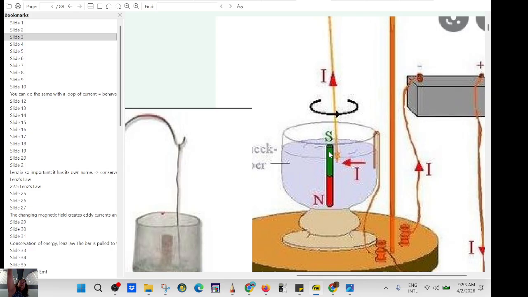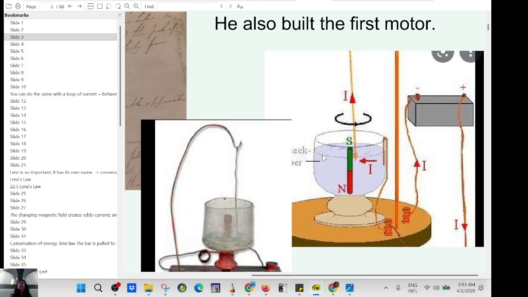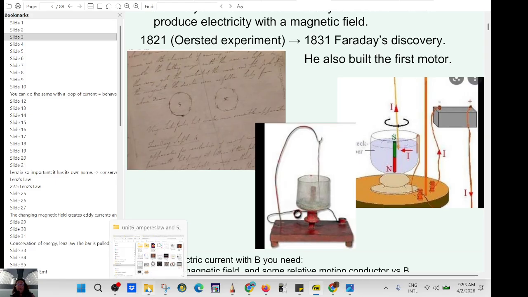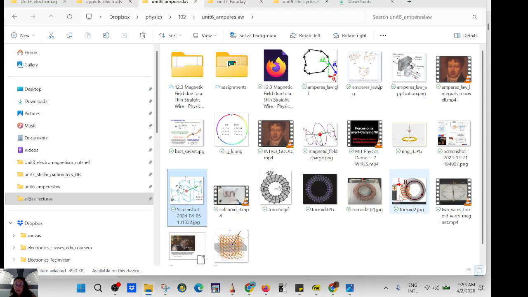If you take your hand like this, the current goes to the left, the magnetic field goes up, so the force will be in. So you're going to have a torque. So he built the first motor. It's called a homopolar motor.